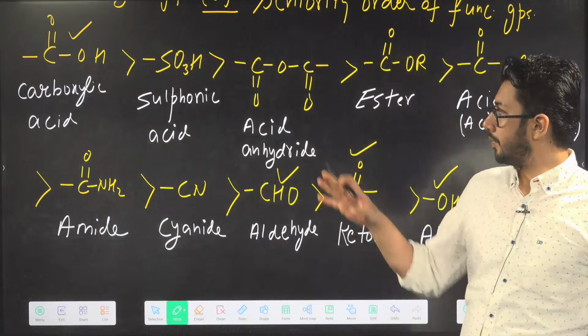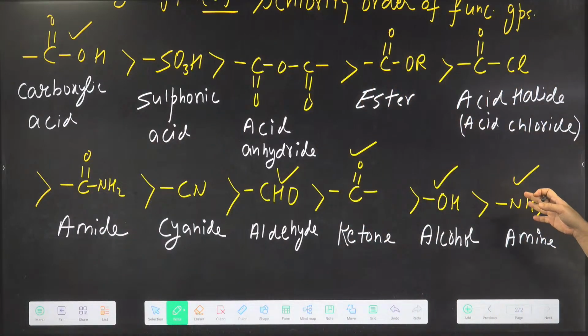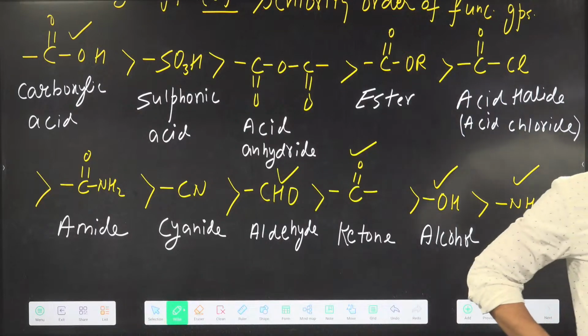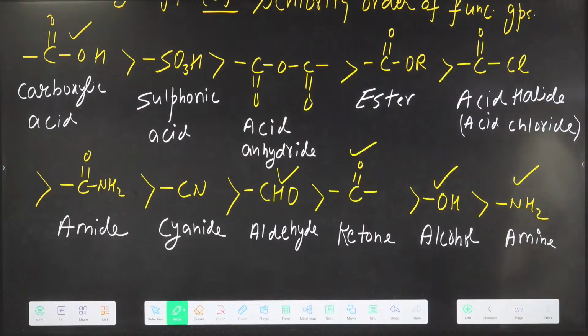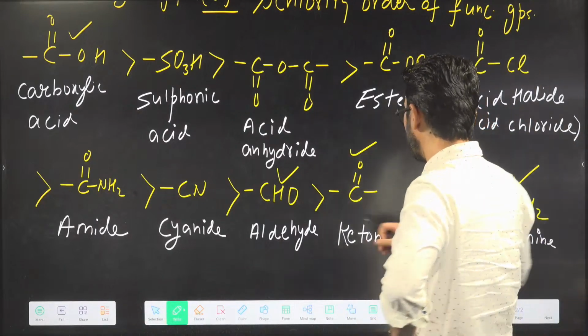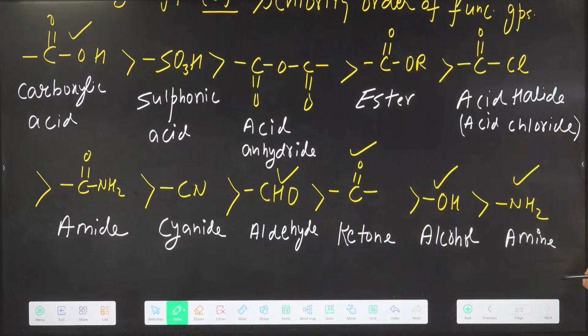But I said which is important, that I have marked. Okay, written that one. Aldehyde, ketones, or carbonyl compounds, these are separately given in the class 12th. Okay, I am changing the slide now.